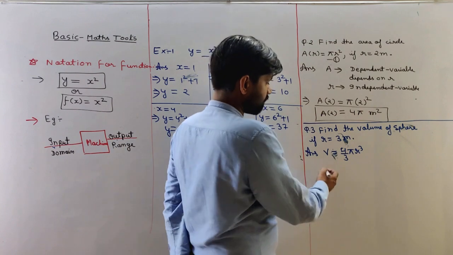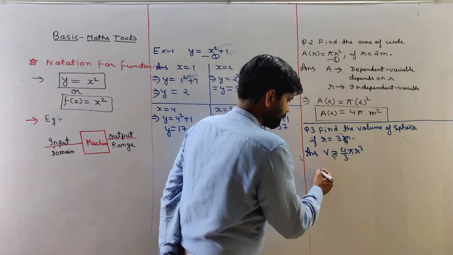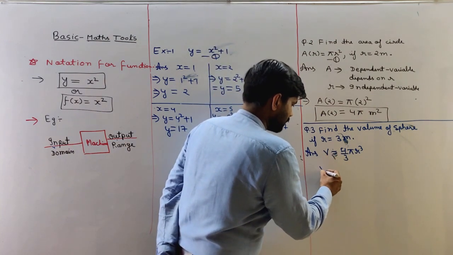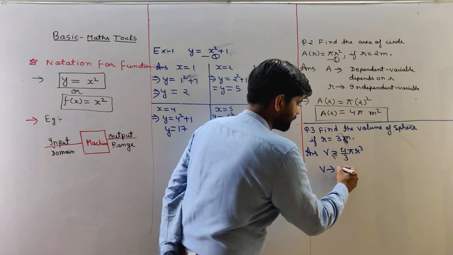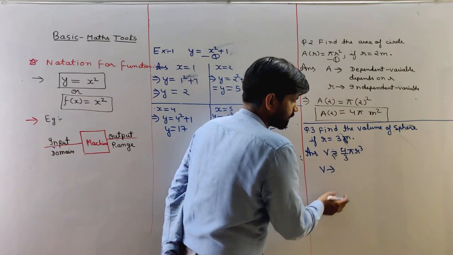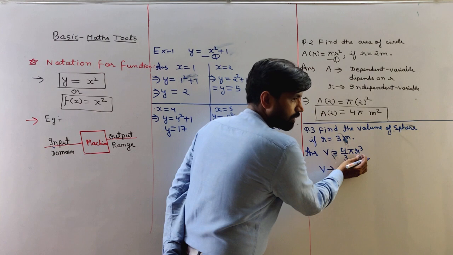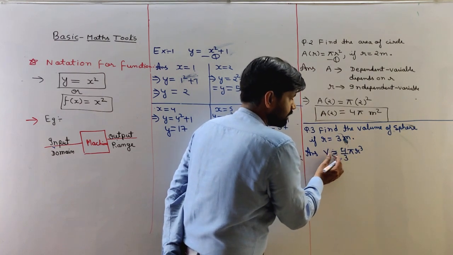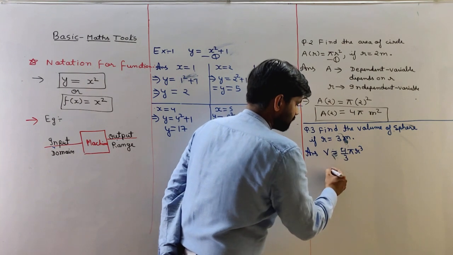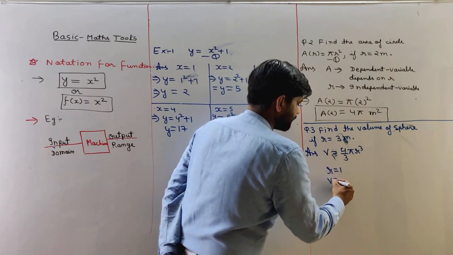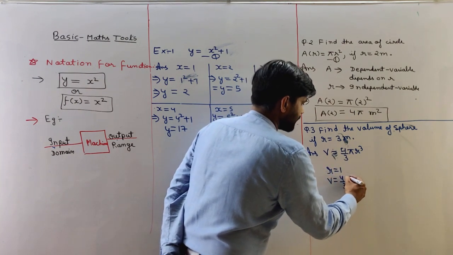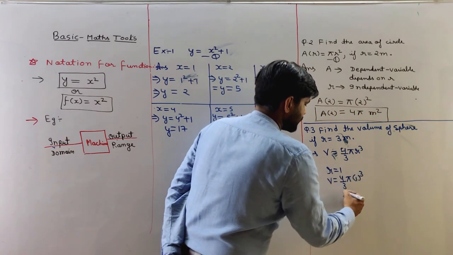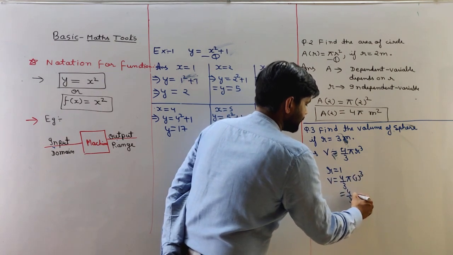So in this formula we know that volume depends on r. When we put r is equal to 1, what is the value of volume? Let's suppose r is equal to 1. We get v is equal to 4 by 3 pi 1 cube, that is equal to 4 by 3 pi meter cube.